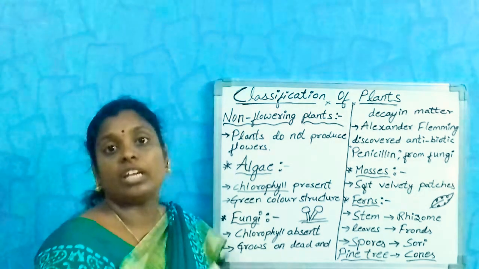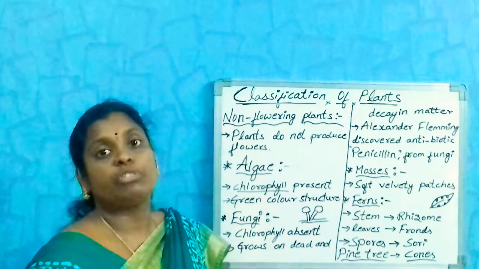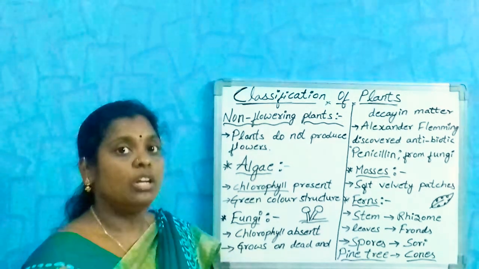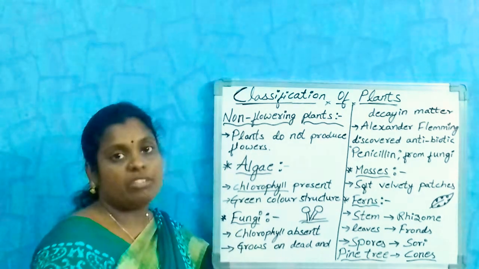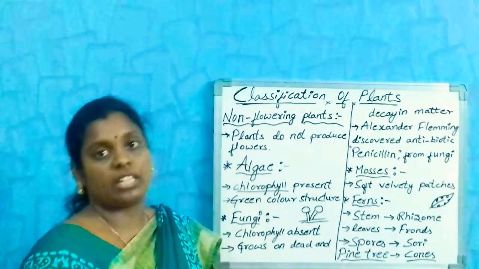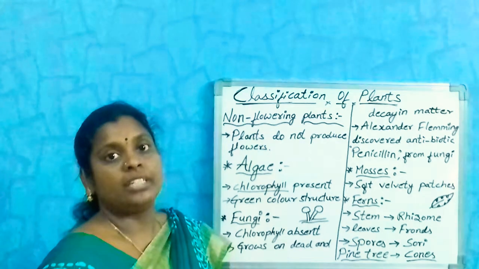They will not depend on any other organisms for their food. They prepare their own food materials and can reproduce. They will grow, but they do not produce any flowers. These are also plants. The green thread-like structures are called algae. They are also plants.